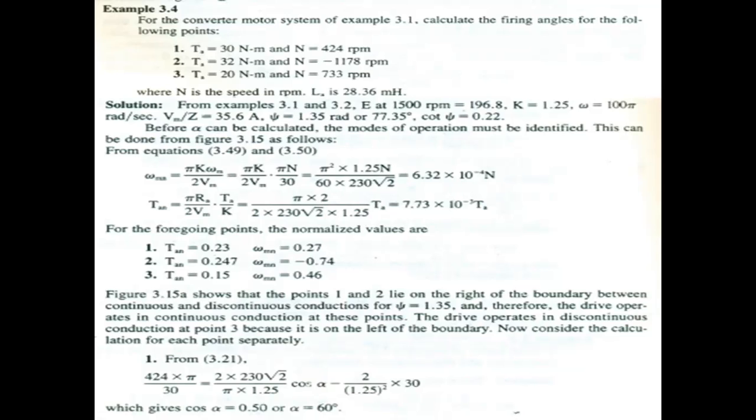So in the fourth problem, three bits are given. First, TA is equal to 30 newton meters and N is given as 424 RPM. Second bit, TA is 32 newton meters and N is given as minus 1178 RPM.